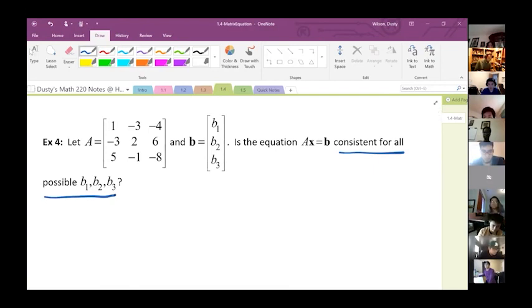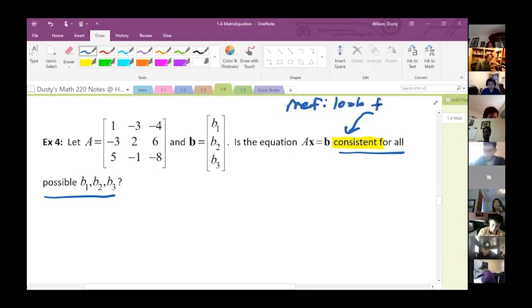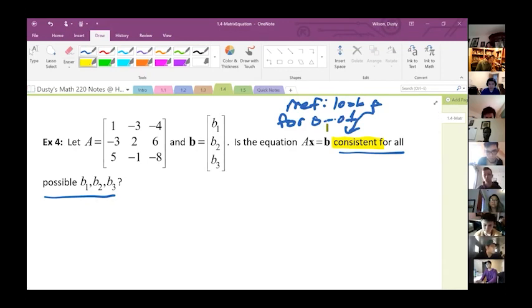Short answer, no. Long answer, if we want to know when something is consistent, we want to row reduce, and we want to look for a row that has 0, 0, 0 and then a nonzero entry. If you end up with 0, 0, 0, 1, this would tell you that it was inconsistent. And so we're going to try to keep our eyes on that.